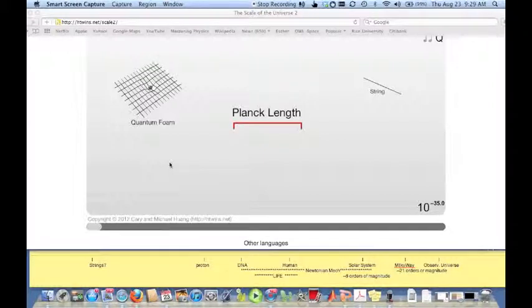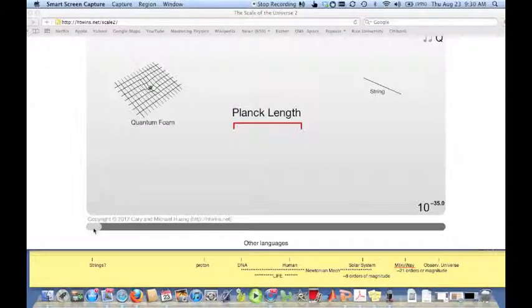So all of the zoo of particles that we produce in particle accelerators will be simply different vibrations of this string. When we talk in 126 about waves and the different modes of vibration of a string, this is exactly what this is about. Each mode represents a different particle. But this is speculation because we don't have any experimental proof that this is true.